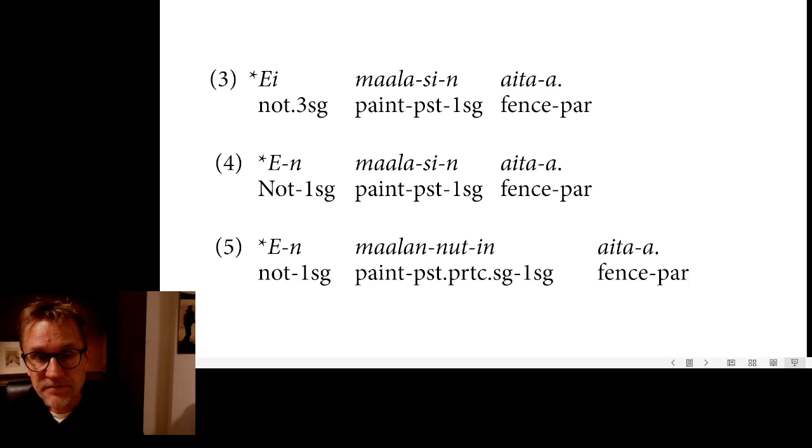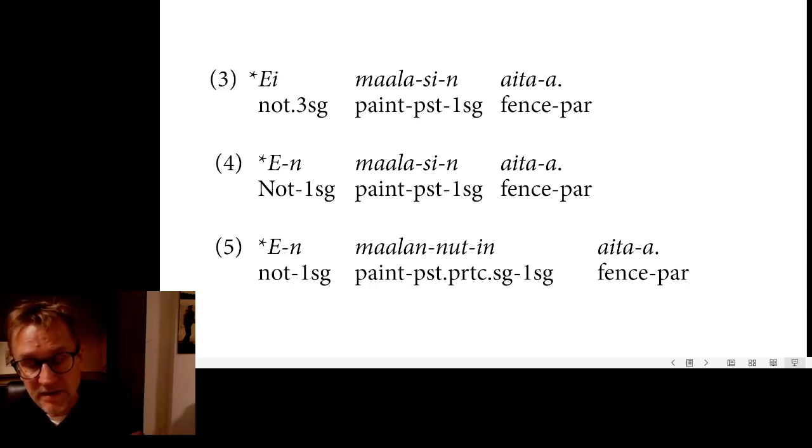Sentence number 3, ei maalasin aitaa. Again, you can check from the line below what type of linguistic information there is. What I did here is I took the negation and the verb, and I used the third person singular default agreement on the negation, and then I used the regular finite verb together with the agreement after it.